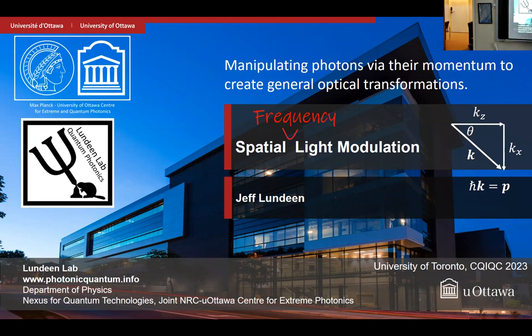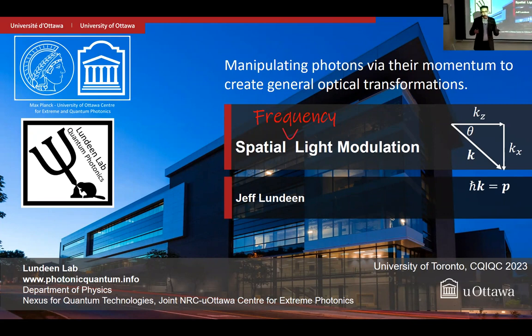So here we've got momentum and spatial frequency. Generally light is described by a superposition of plane waves, and you can think of one of those plane waves as coming in some direction with some wave vector k, and then the momentum is just h bar k. There's a momentum component in the transverse direction. That's the momentum I'm talking about here, not the full momentum. And of course k is 2 pi over lambda.